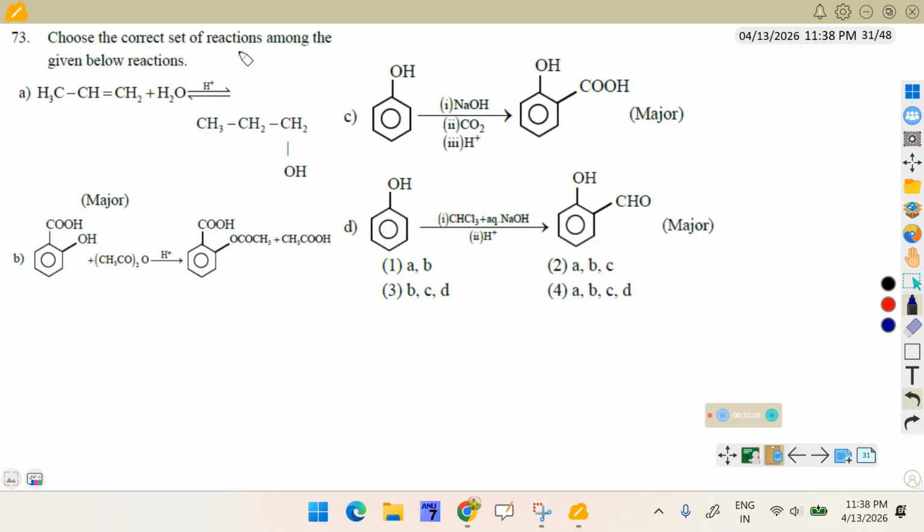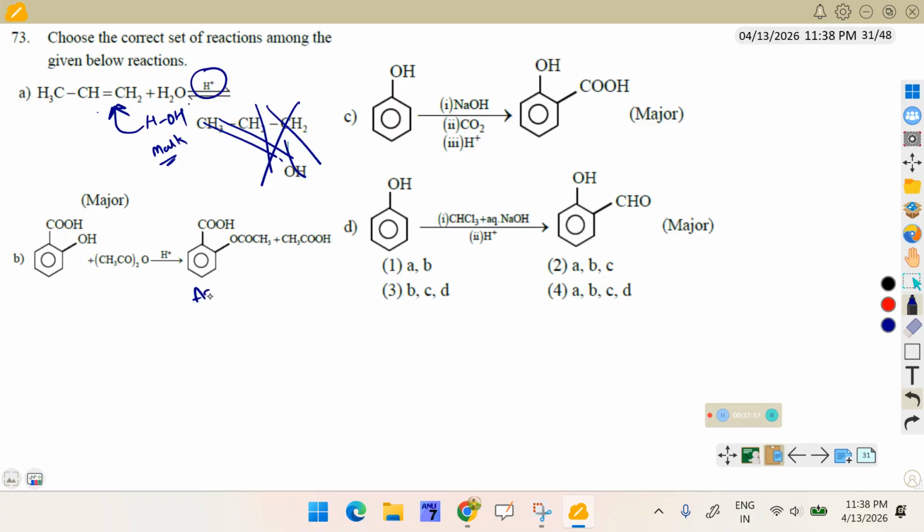Choose the correct set of reactions among the following. Alkene acidic hydrolysis follows Markovnikov's rule: add hydrogen atom to the unsaturated carbon which contains more number of hydrogens. So not propan-1-ol, this is wrong. It gives isopropyl alcohol.